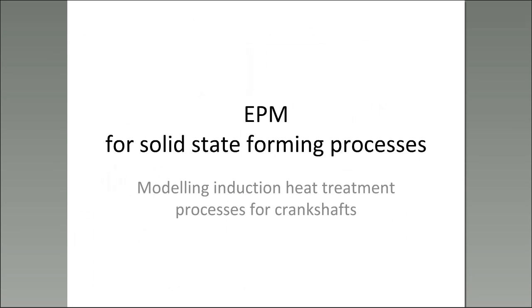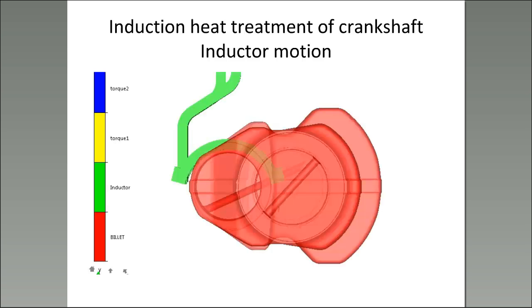Another application is induction heat treatment processes for crankshafts. Normally there were some animations also. In those processes, you have an inductor which is moving around the crankshaft in order to heat treat it, and normally there's an animation showing the rotation.